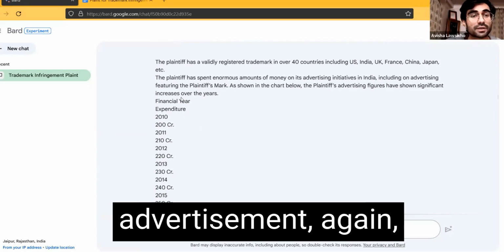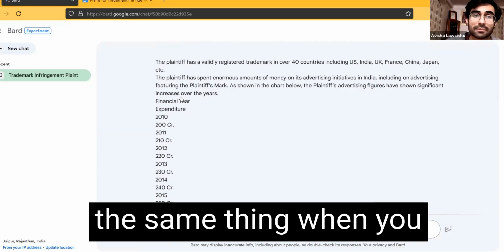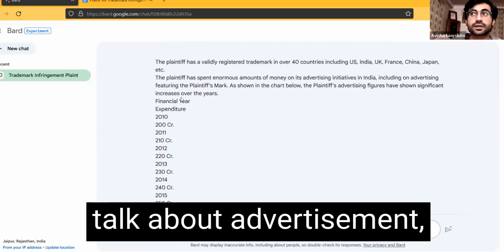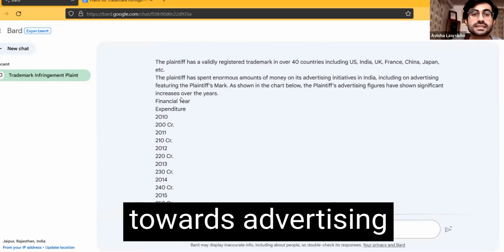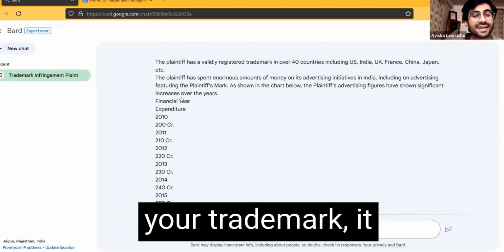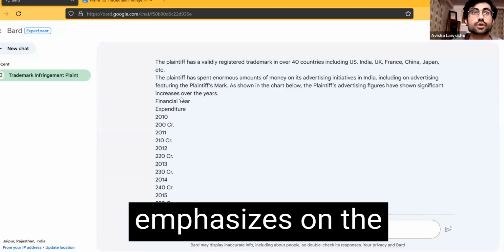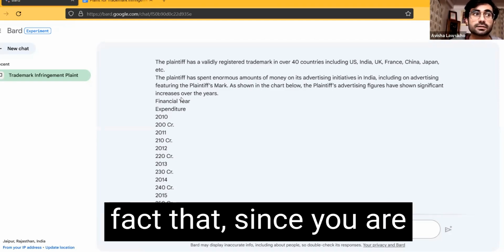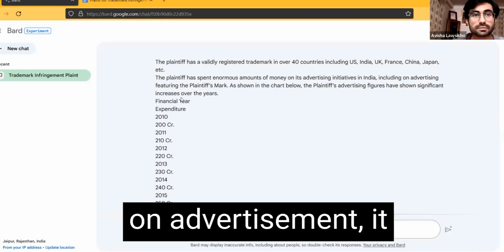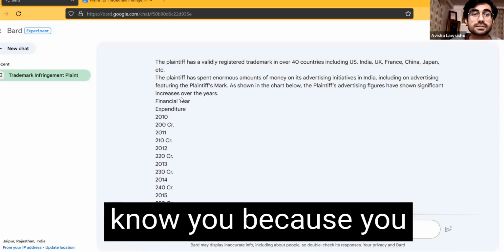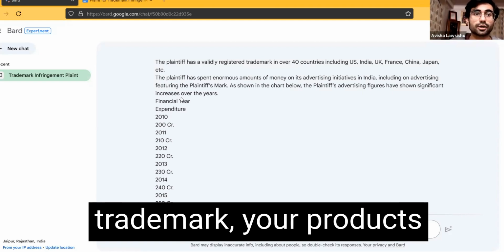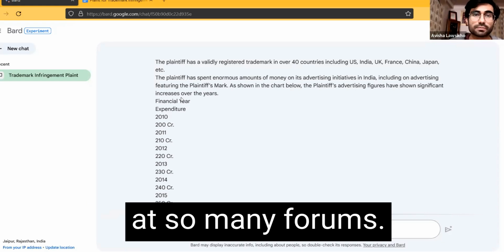With respect to advertisement, again, advertisement also does the same thing. When you talk about advertisement, if you have spent a lot of money towards advertising your trademark, it automatically emphasizes the fact that since you are spending so much money on advertisement, a lot of people know you because you are advertising your trademark and your products at so many forums, right?